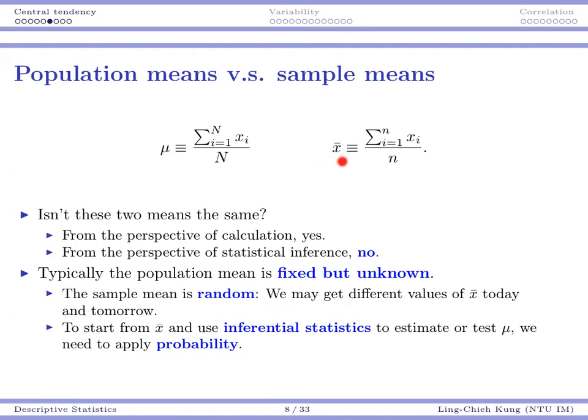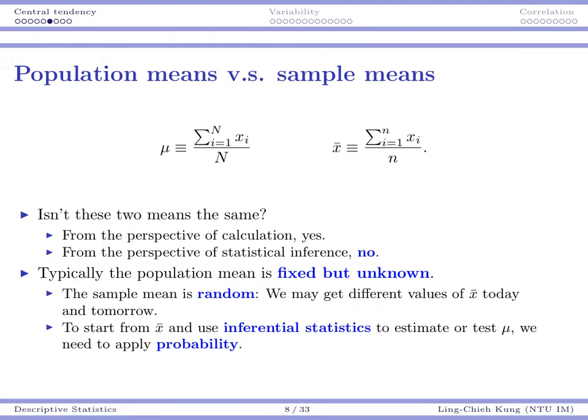However, the sample mean is actually not a fixed number, because we typically do random sampling. Today we ask 100 students about their average height. Tomorrow we ask another 100 students and we will get a different number. So that means X bar is somewhat random.